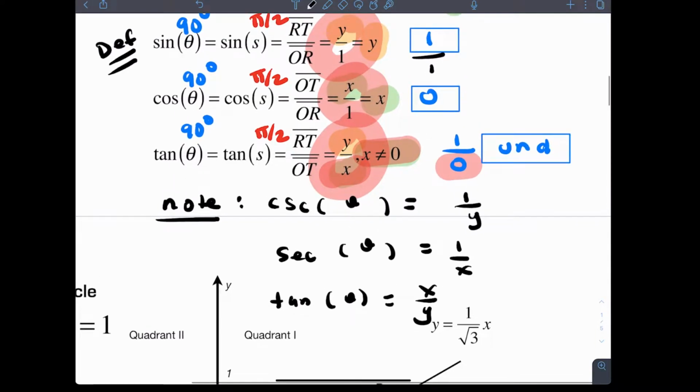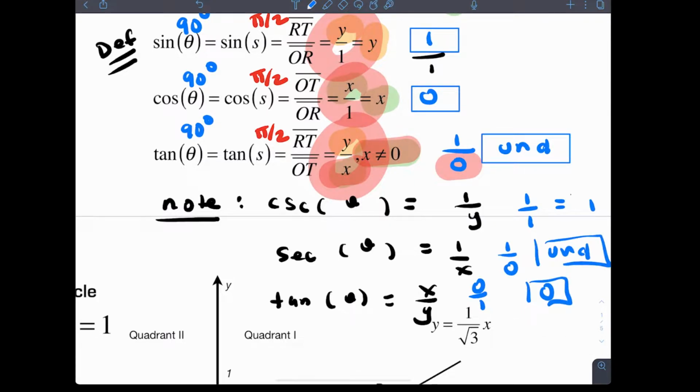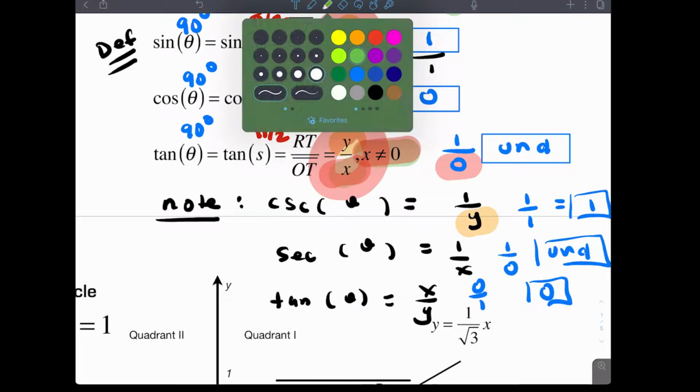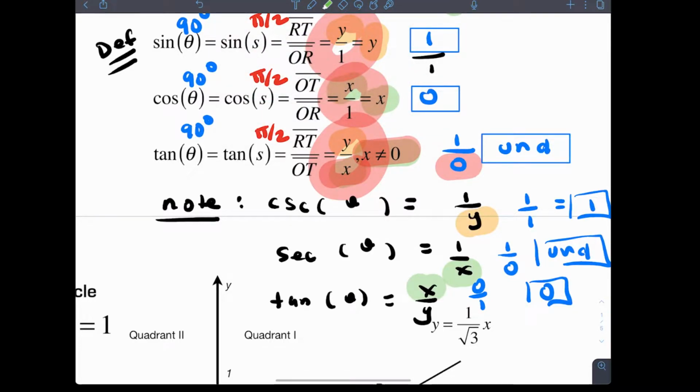So this becomes 1 over 1, which is 1. This is 1 over 0, which is undefined. This is 0 over 1, which is what? 0. So in other words, you can actually find the 6 trig ratios, but take a look at the colors. This is my y coordinate, x coordinate, x and what?